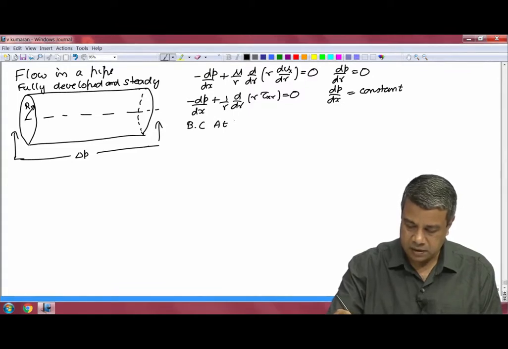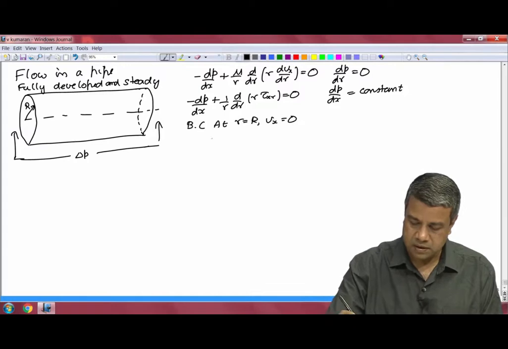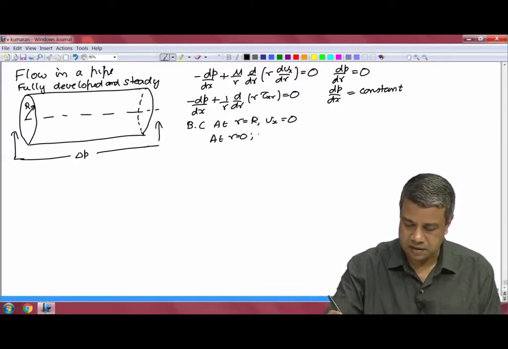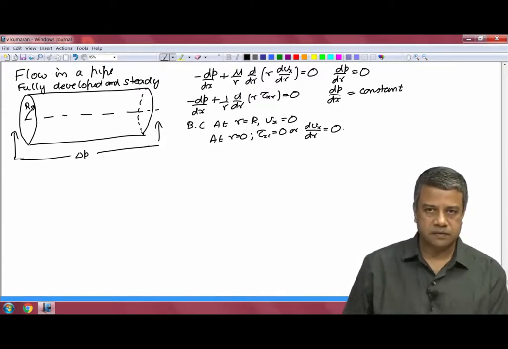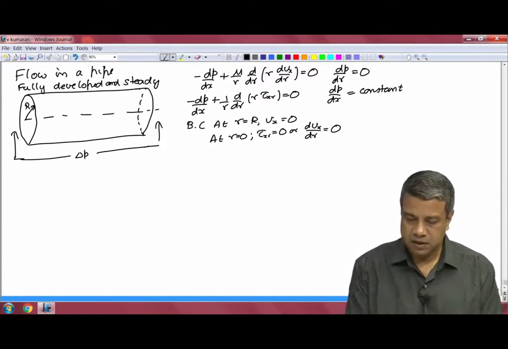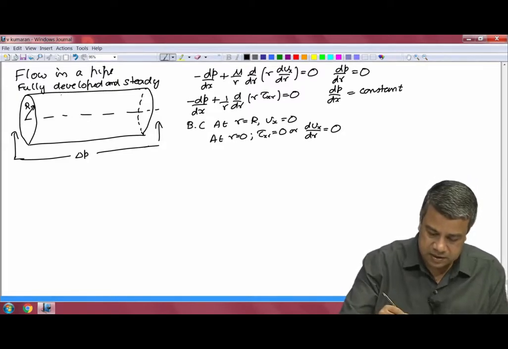at r is equal to R, Vx is equal to 0, and at r is equal to 0, we had the symmetry condition, tau xr is equal to 0 or dVx by dr is equal to 0 from Newton's law of viscosity. That is because we know that at the center the velocity profile has to go through an extremum.